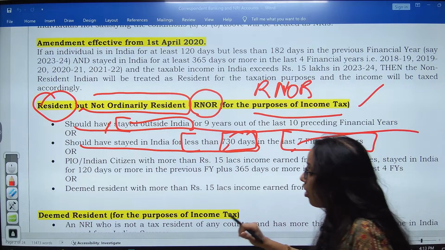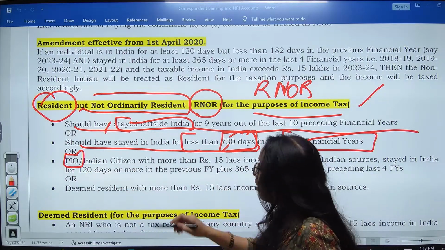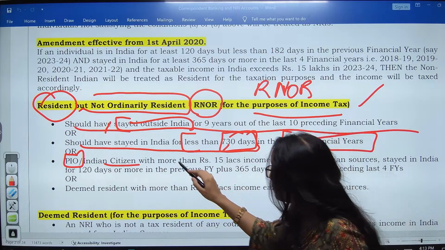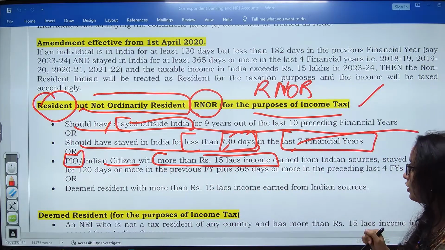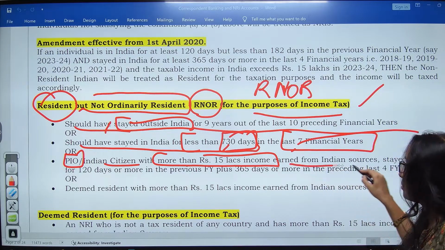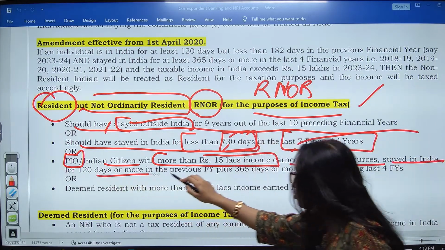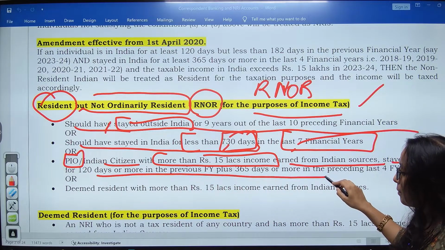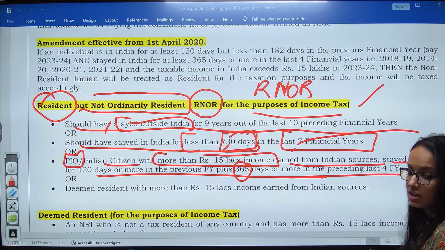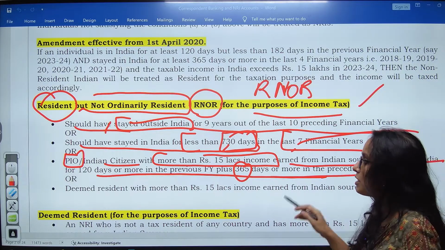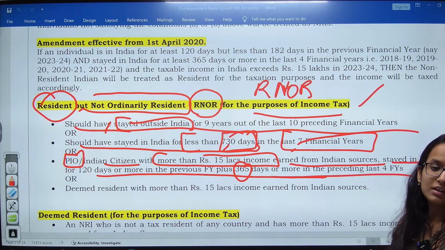Or a person of Indian origin or Indian citizen with more than rupees 15 lakh income earned from Indian sources, who stayed in India for 120 days or more in the previous financial year plus 365 days or more in the preceding last 4 financial years, can also be classified as resident but not ordinarily resident.